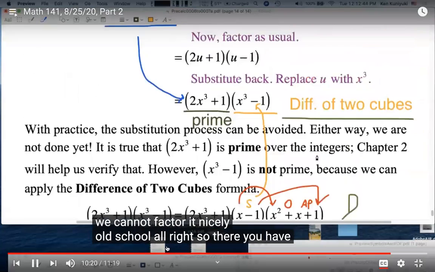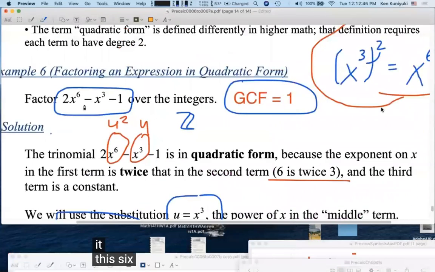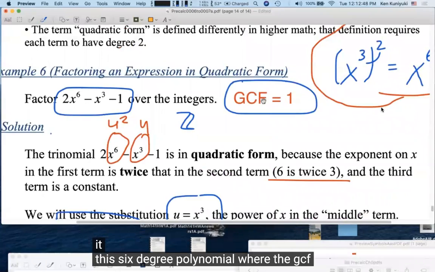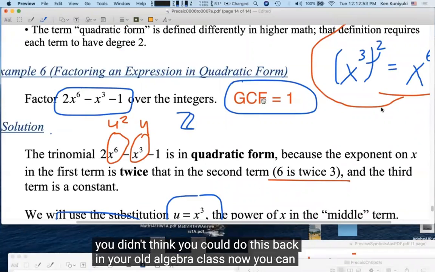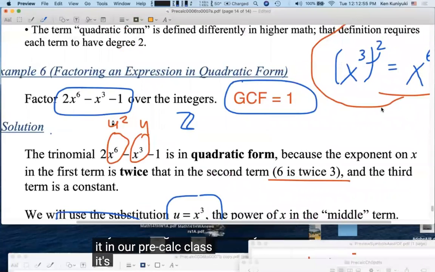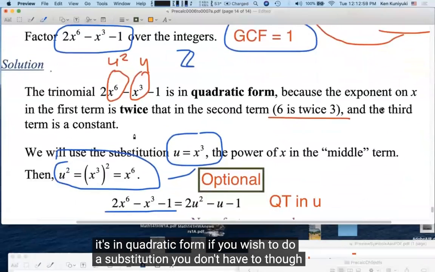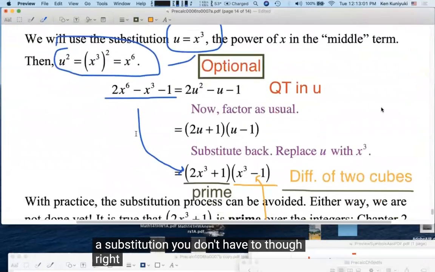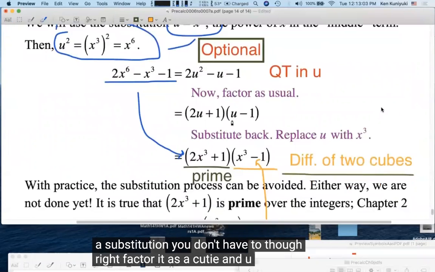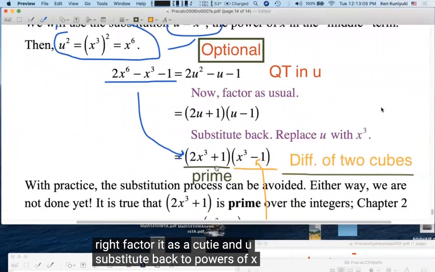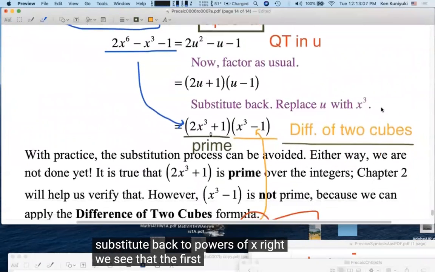All right, so there you have it. This 6th-degree polynomial where the GCF was 1, you didn't think you could do this back in your old algebra class. Now you can do it in our pre-calc class. It's in quadratic form. If you wish, do a substitution. You don't have to though. Factor it as a QD in u. Substitute back to powers of x. We see that the first factor is prime.